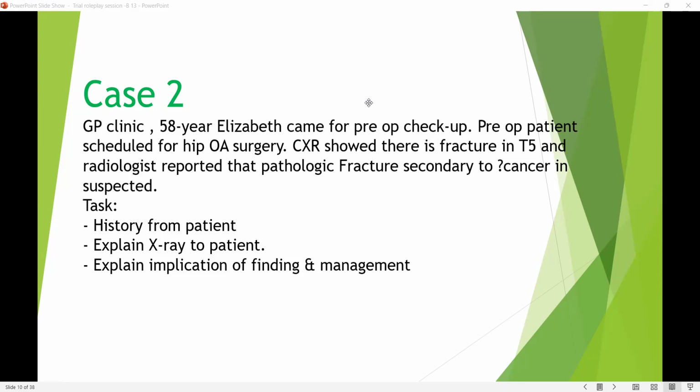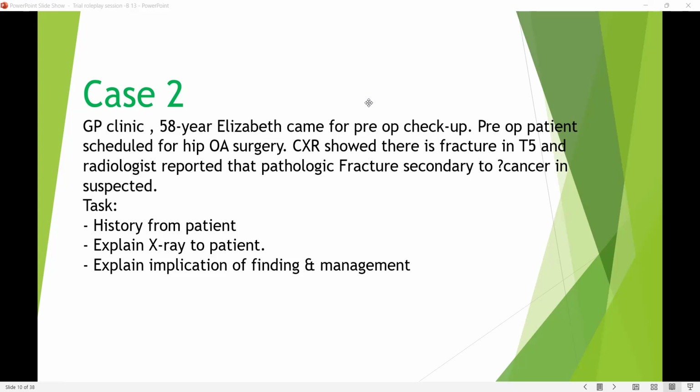So your job should be asking detailed history, like which you asked me, that was really good: any fall, any trauma history. Then you should ask about any loss of weight, any loss of appetite, any lumps and bumps, any cancer-related questions.